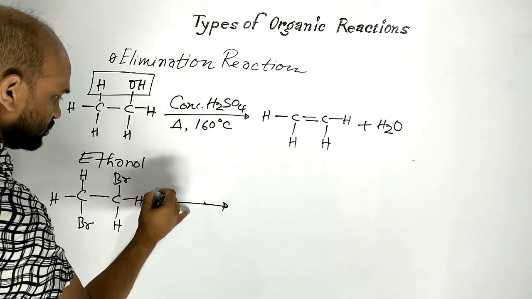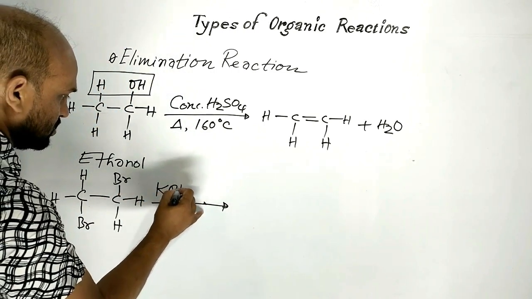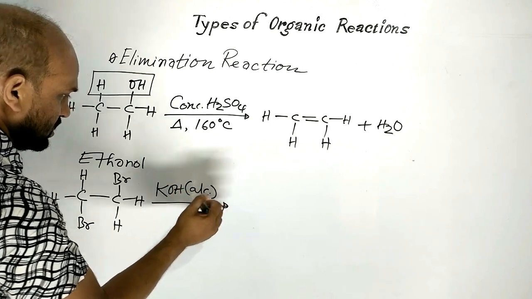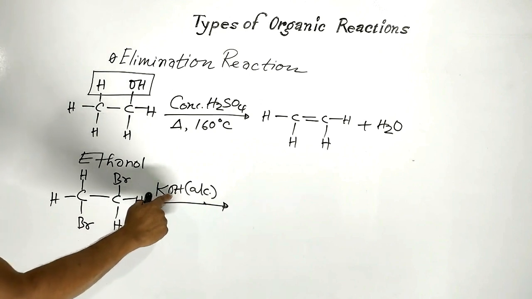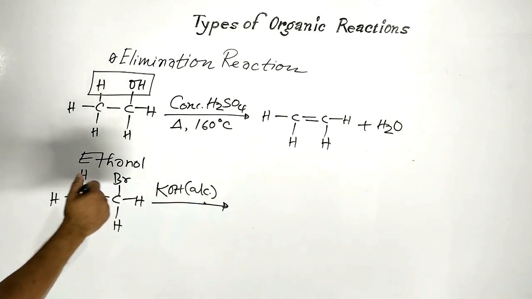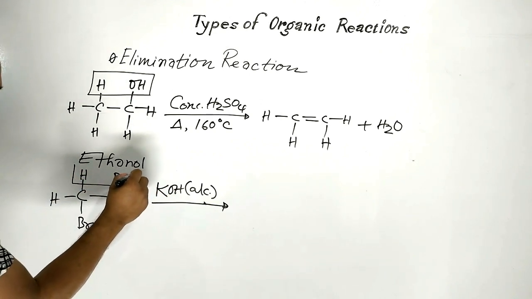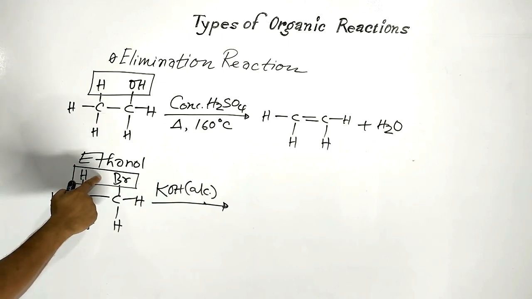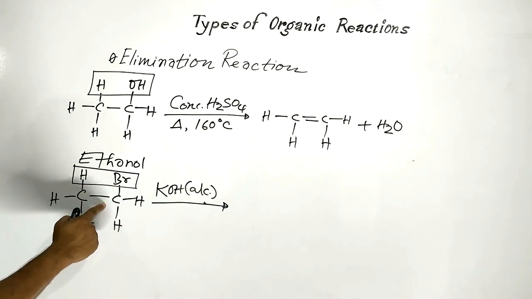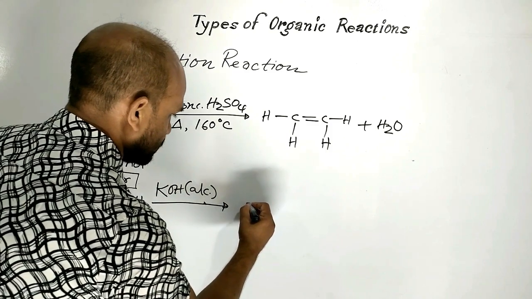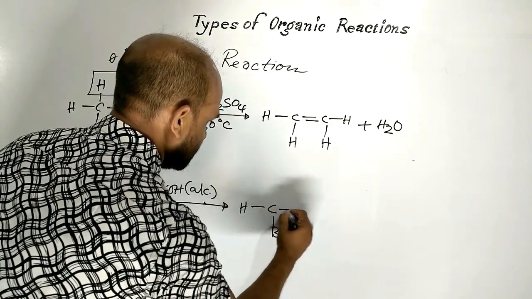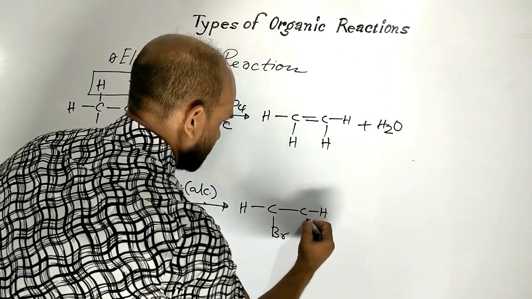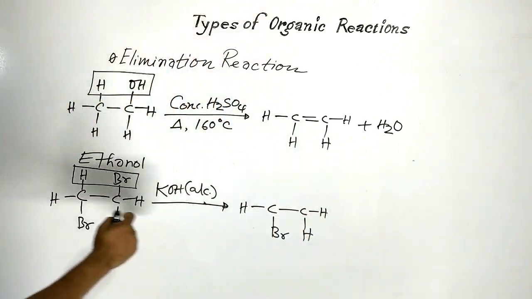When 1,2-dibromoethane is treated with alcoholic potassium hydroxide, then alcoholic potassium hydroxide eliminates hydrogen bromide from this reactant molecule, and this compound is formed. Here bromine, here hydrogen, hydrogen.